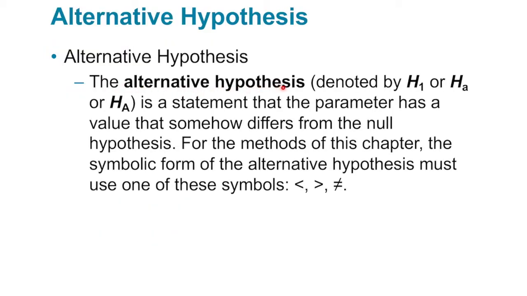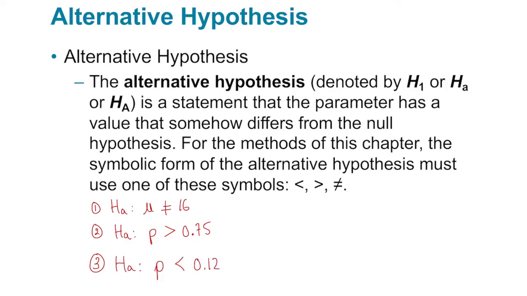The alternative hypothesis, denoted by H1 or HA, is a statement that the parameter has a value that somehow differs from the null hypothesis. For example, HA can be mu is not equal to 16, or HA can be p is greater than 0.75, or HA can also be p less than 0.12.